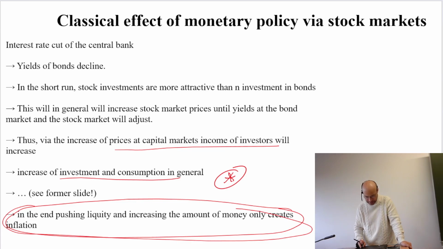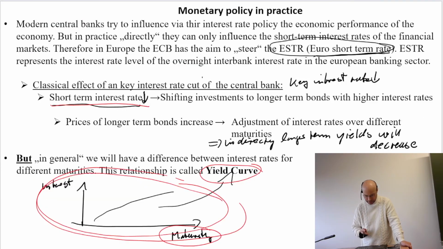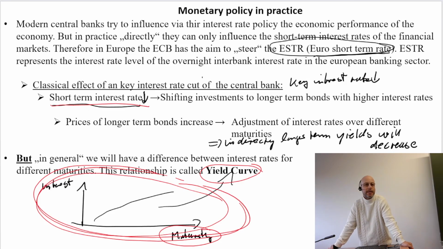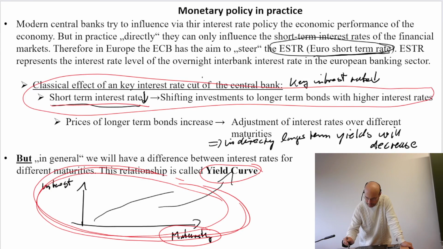Okay, but now we want to talk about the yield curve in general, because, well, if we take this argumentation, then maybe only for some time there should be a difference between interest rates for different maturities.